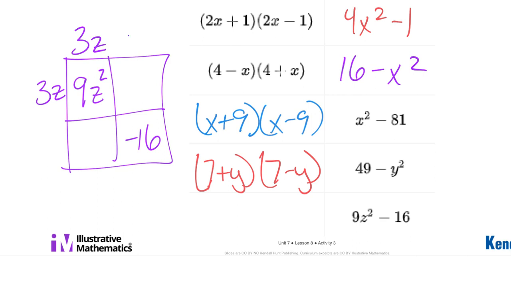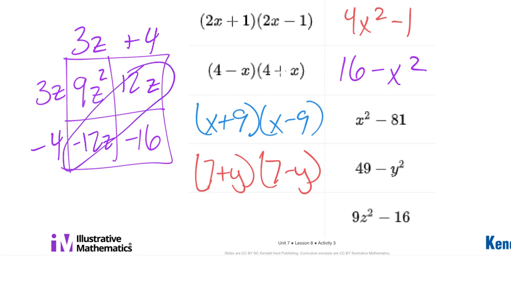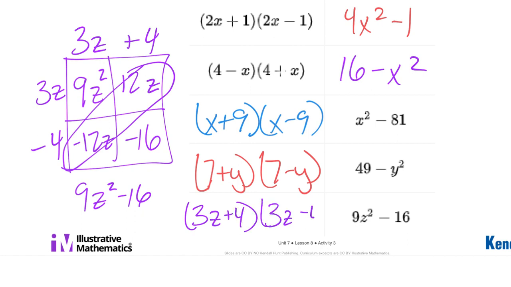And then I know that I need a plus and a minus to get that negative 16. And I'm going to try 4 times 4. So when I multiply this out, I get 12z minus 12z there. Combine those like terms, that will be 0z. And so I have 9z squared minus 16, which is what we want. So our factors were 3z plus 4 times 3z minus 4.